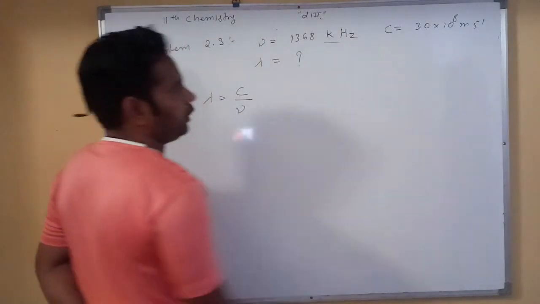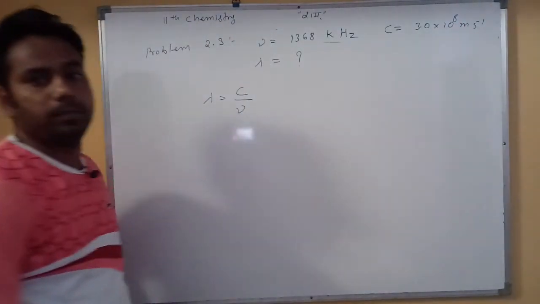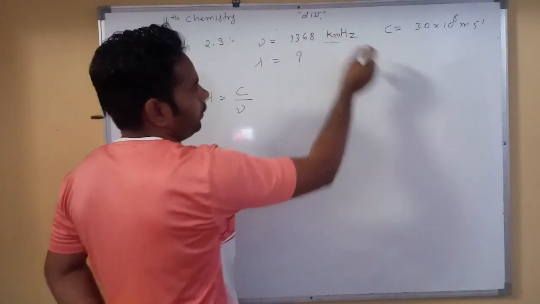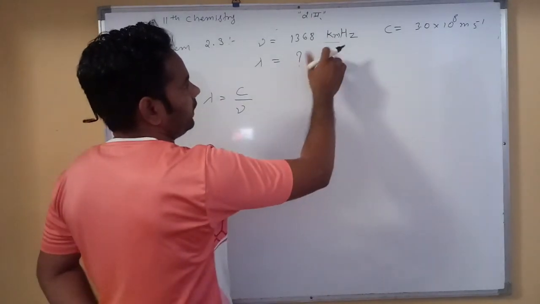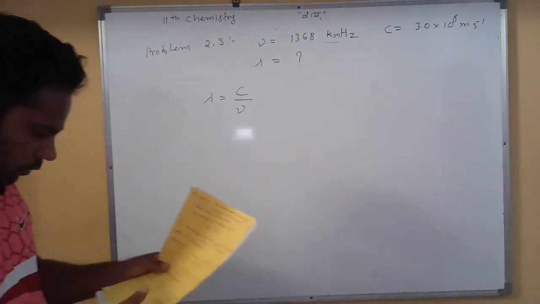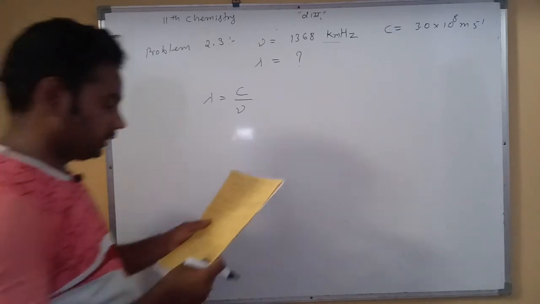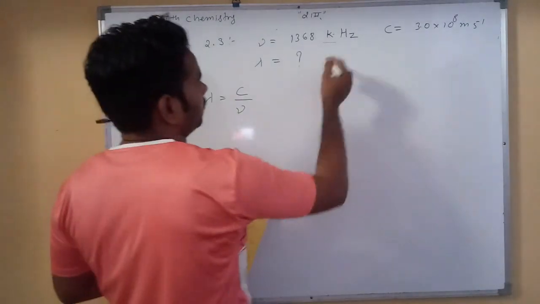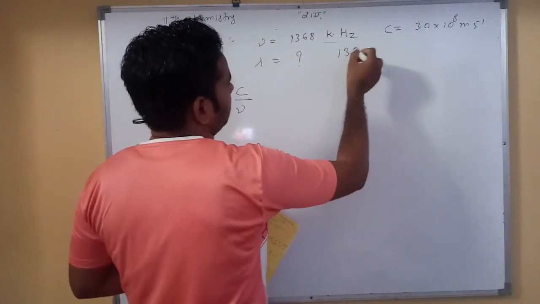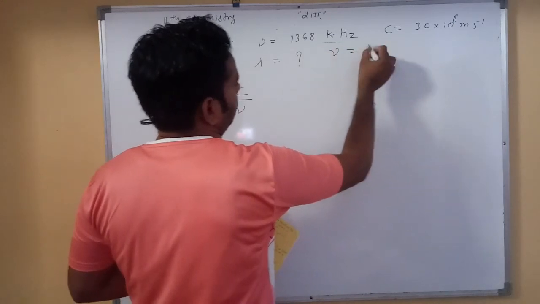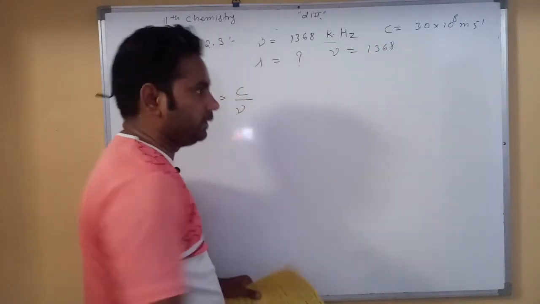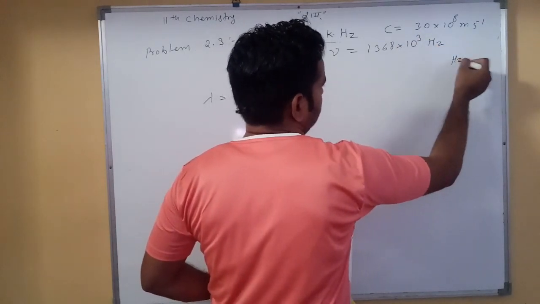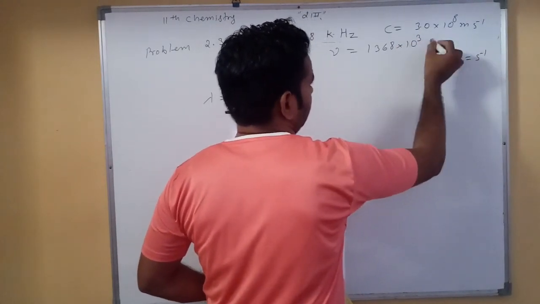Mu is given in kilohertz, but the unit of wavelength is meter, so we convert kilohertz into second inverse. Mu is equal to 1368 kilo, which means 10 to the power 3 hertz, and hertz is equal to second inverse.